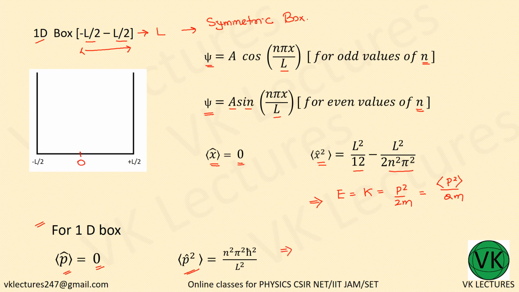We get 1/2m times n²π²ħ²/L², which gives you n²π²ħ²/(2mL²). This is the total energy of the 1D box for the state n.